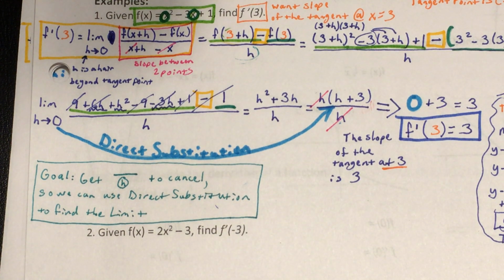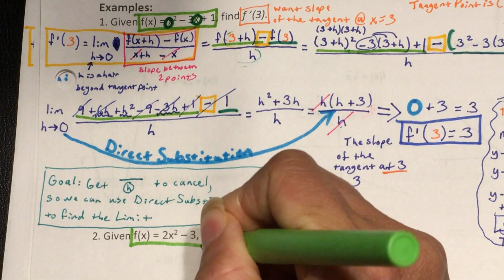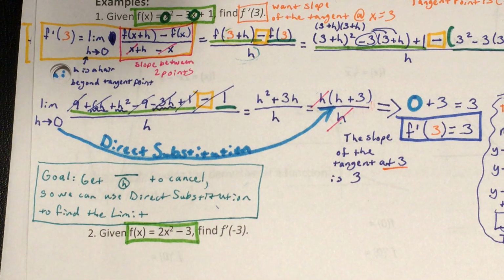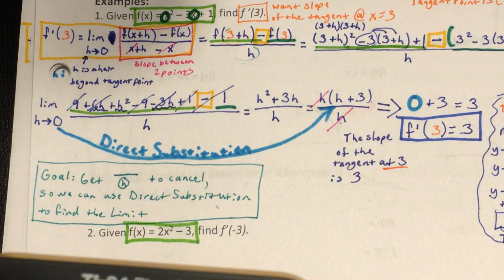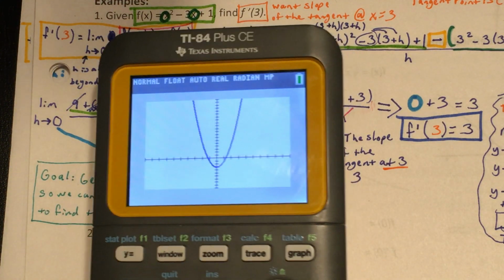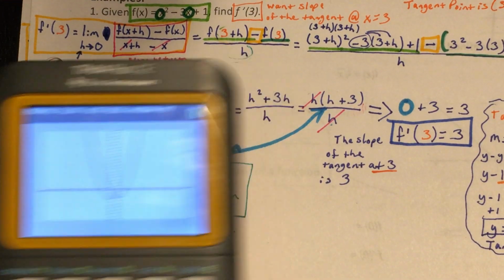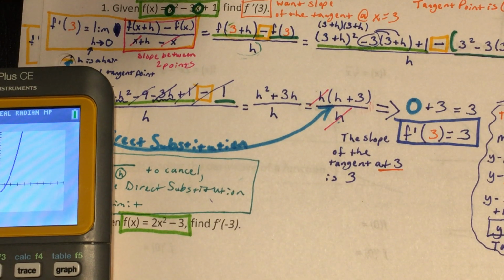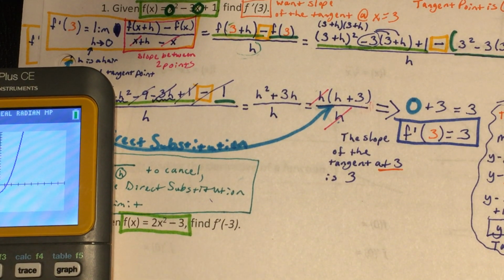So take a deep breath, and looking at the next problem, we've got a new function that we are looking at. Now, this function is again a quadratic, and I've went ahead and put this in on my calculator. So there's what my quadratic looks like, and what we want to find is f prime of negative 3.